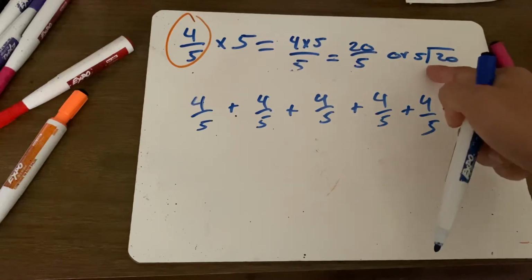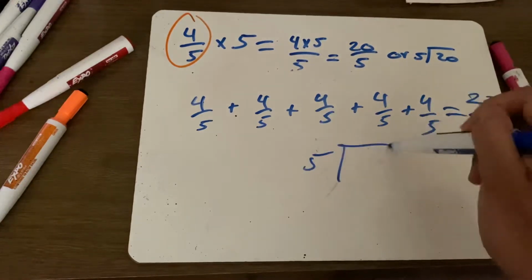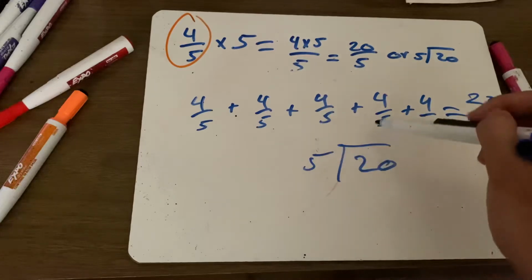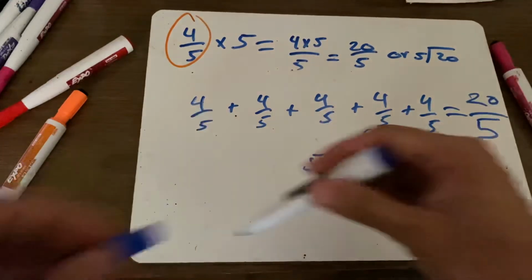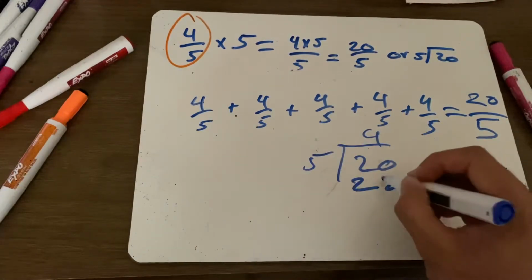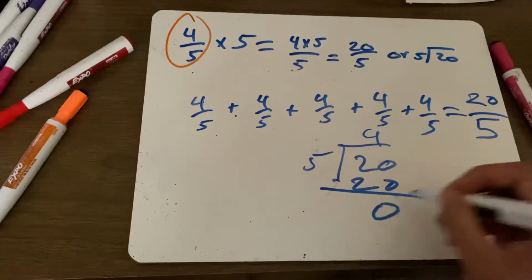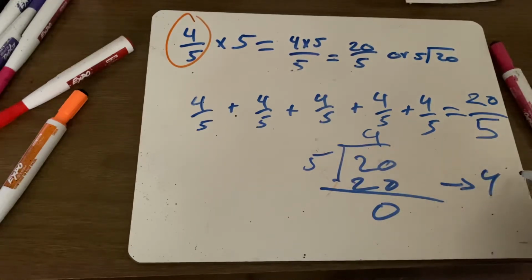And look, same thing that we got up here. 20 divided by 5, that is 4. 0, your answer is 405. But again, remember you have a 0 in your fraction, so it doesn't count. So your answer is 4. Alright? Again, everybody, different ways you can do it.